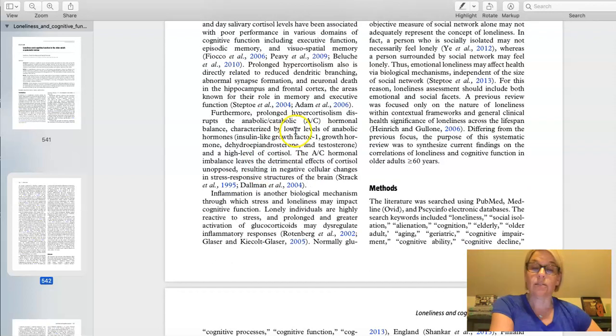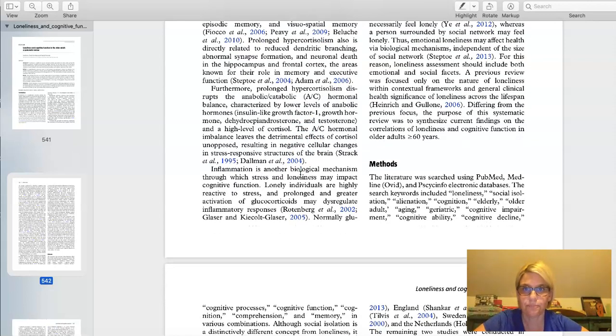Then I go on to talk even more about the biological piece, that it could have something also to do with the prolonged hypercortisolism disrupting the hormonal balance. And so that also leaves the detrimental effects of cortisol unopposed and results in negative changes in the brain. And then lastly, inflammation. Here we have another biological mechanism through which stress and loneliness may impact cognitive function.